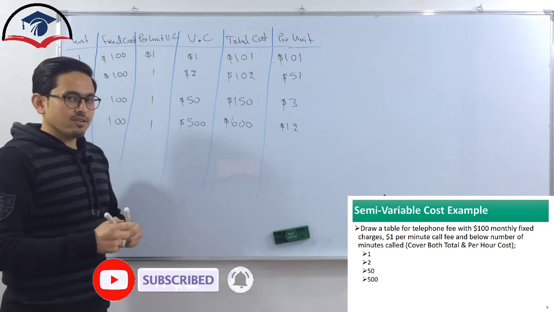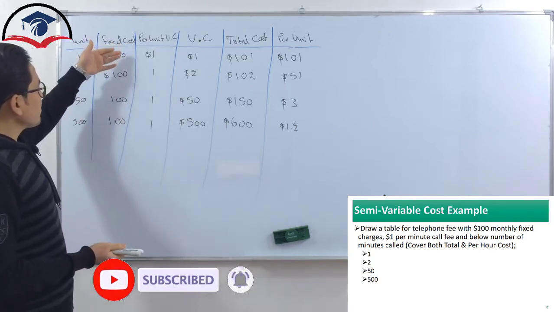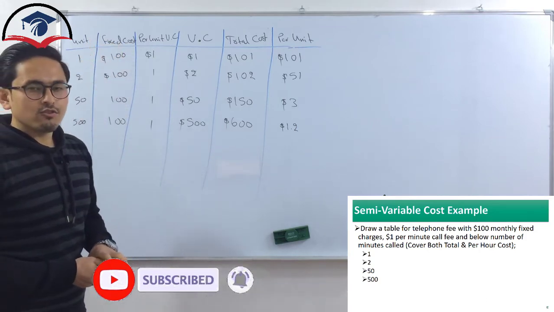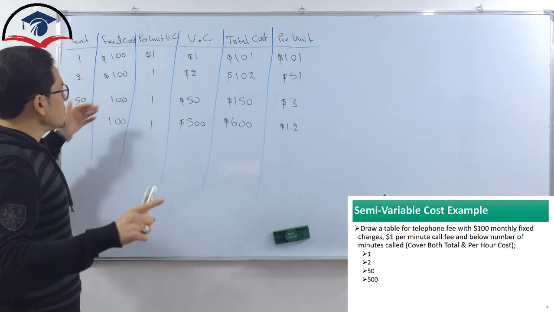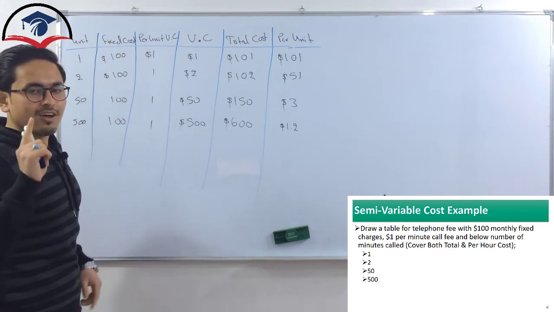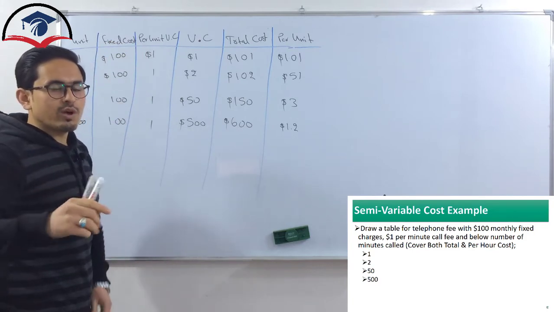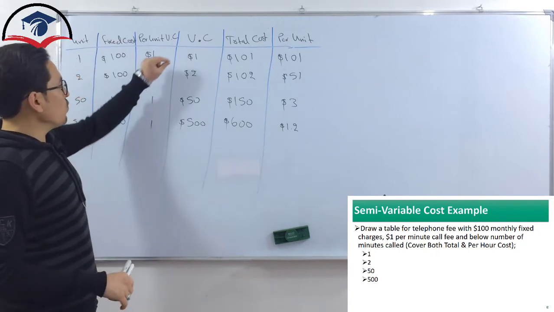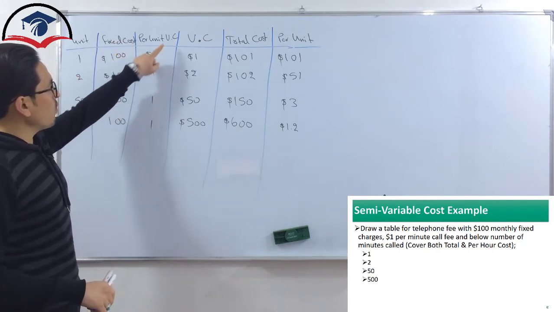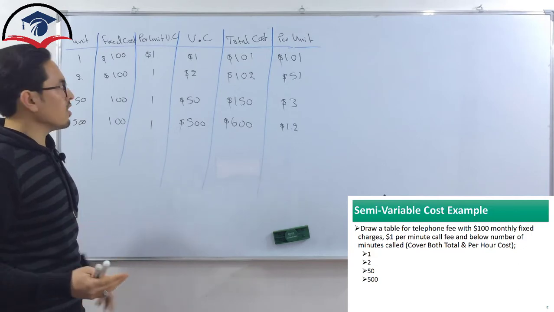Let's analyze this one. The fixed cost is fixed whatsoever the changes in level of activity. The per unit variable cost is fixed whatsoever the number of activity goes up or down. It's $1 per unit variable cost, which is per minute cost.